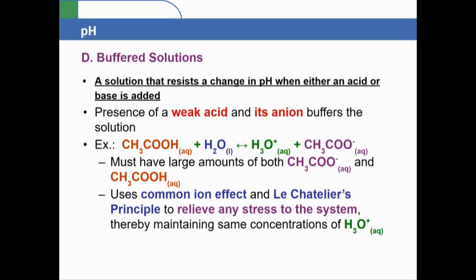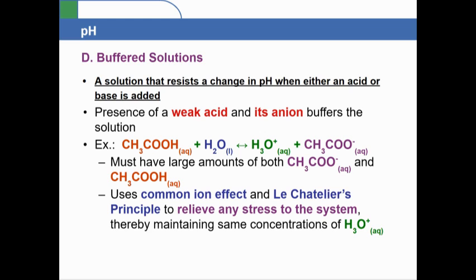If you add a base that removes H3O, then it's going to shift the equation to the right and eventually get back to the basic equilibrium position that it was before.